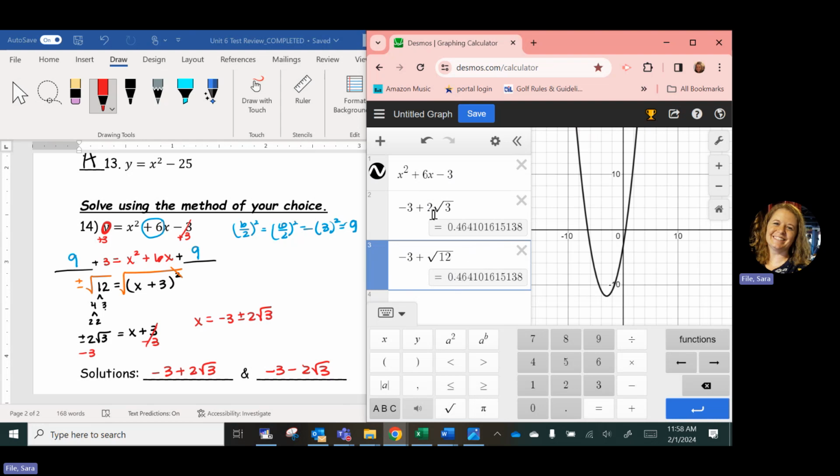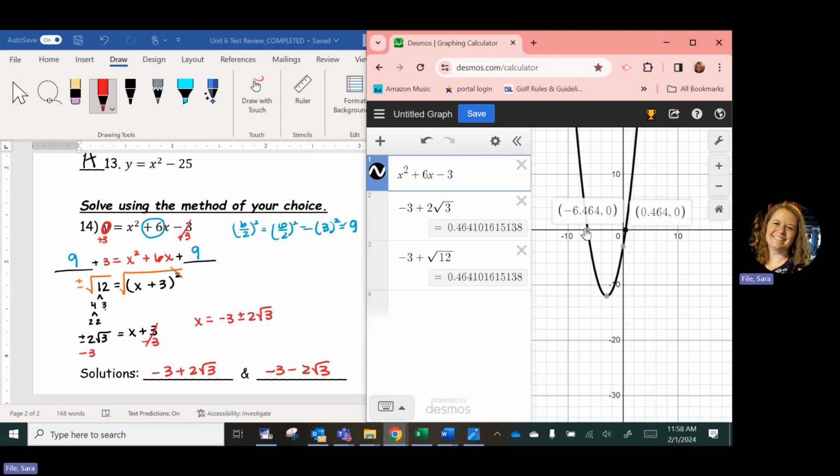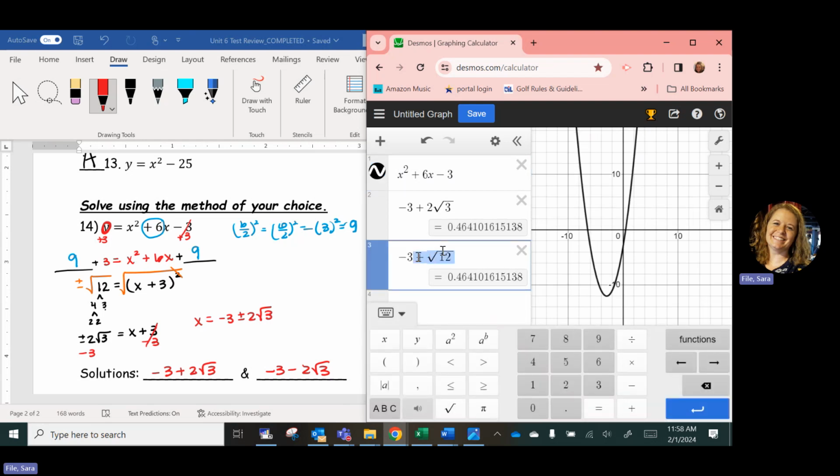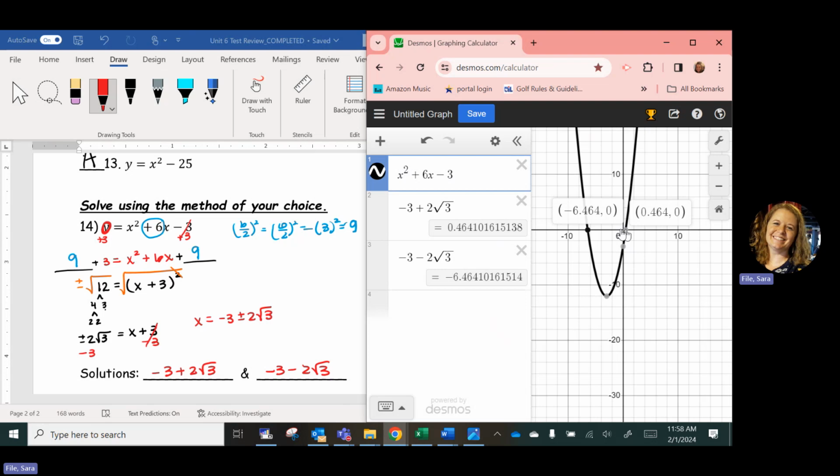You can just check the answer choices as decimals and see which one matches the graph. That would be even quicker. So you can see if we did negative 3 minus 2 root 3, we get that second decimal there. So we get both of those. And so we know we have them correct.